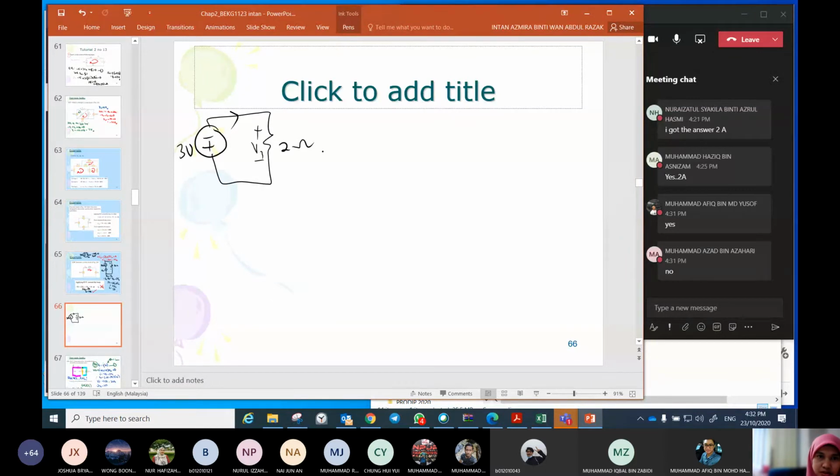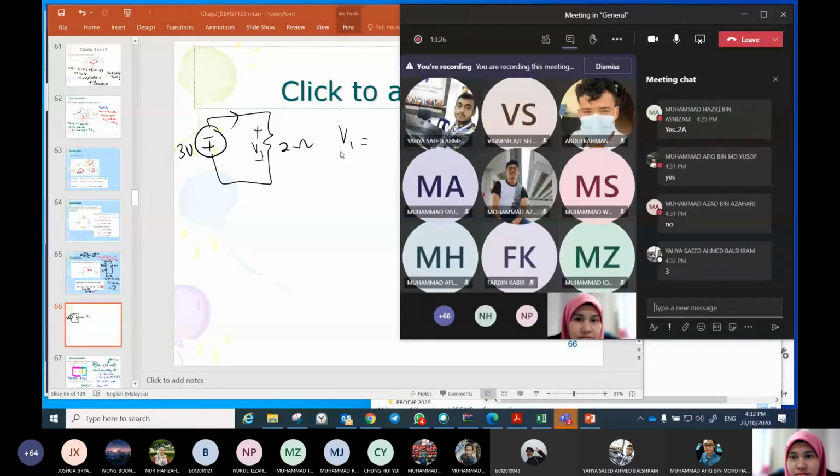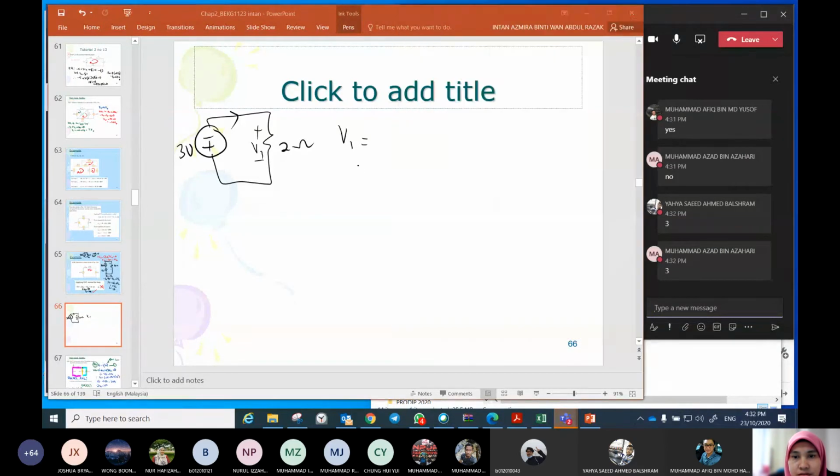This is V1. So V1 is equal to, actually if you do not write KVL equation, this is 3 volt. V1 is equal to, please write your answer here. 3 volt. Same, madam.